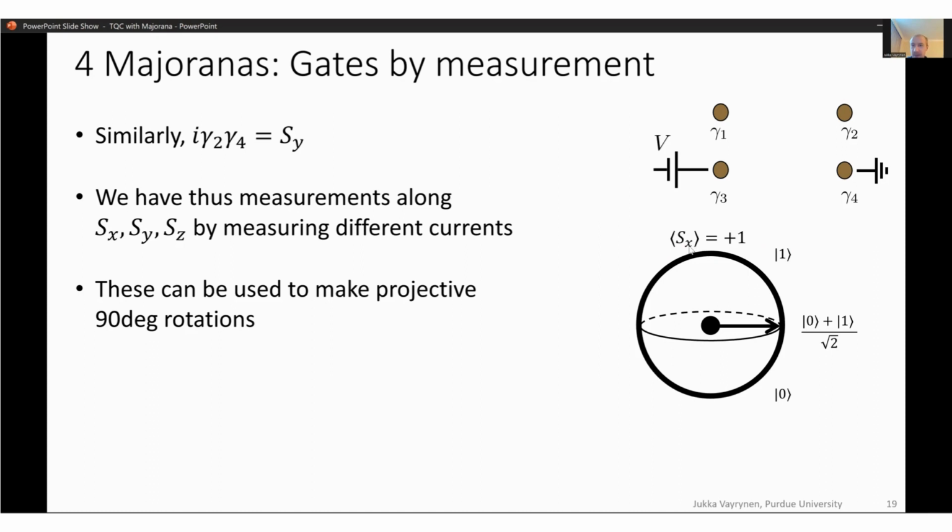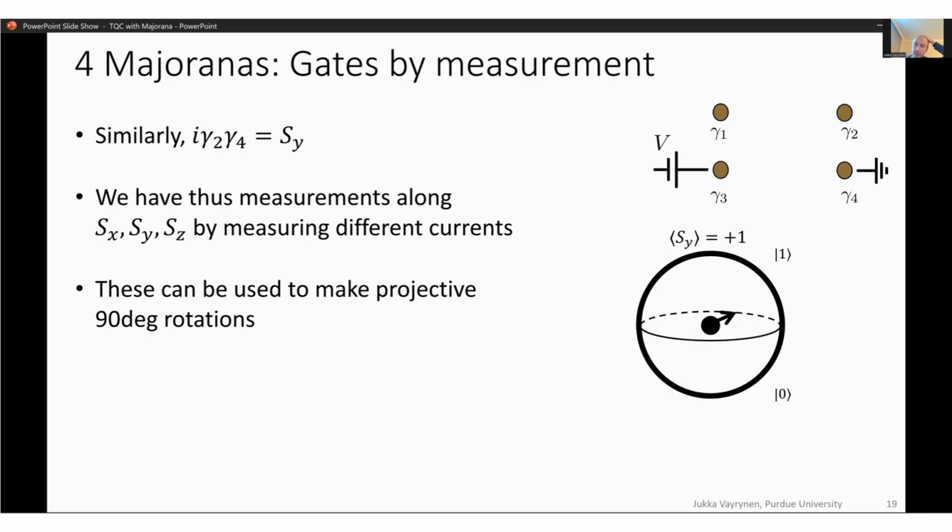Moreover, with sigma x measurement being +1, we know that the qubit will be in this superposition state, and so on. By doing these 3 measurements, you can get 6 different types of outcomes, which are shown here. So you can basically access these 6 points on the Bloch sphere.